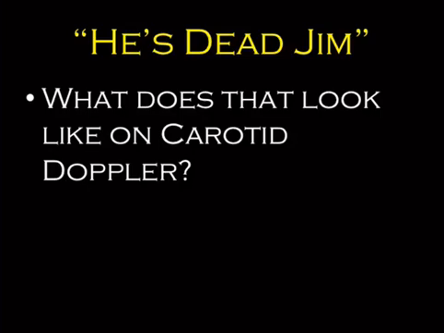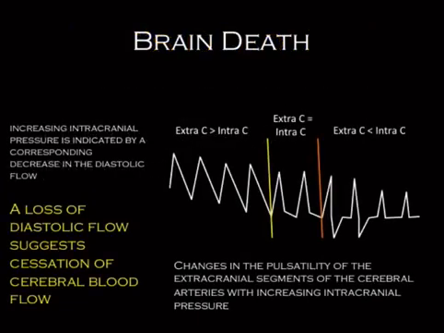It's all external carotid, because when you die, your brain turns off, and all those things I said about the brain being continuously on are no longer true. So you transition to a high velocity or high resistance waveform. You lose your diastolic flow. It's not continuous anymore. It returns to the baseline.